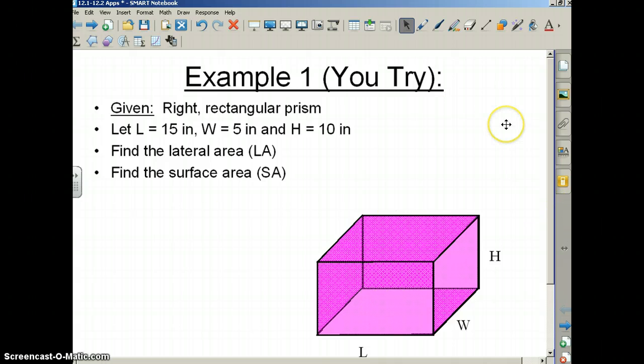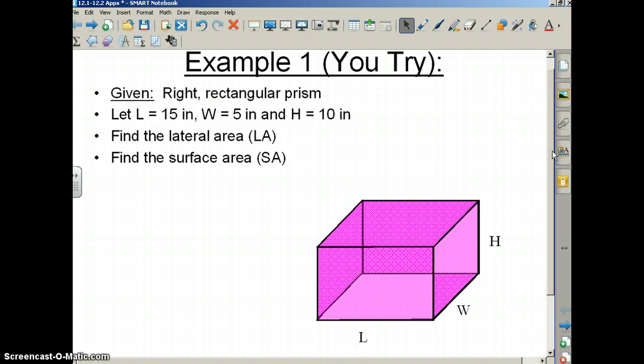The length is 15 inches, the width is 5 inches, and the height is 10 inches. We're going to pick this specific face right here, and count these as our lateral faces. That means that in red, we're going to have these as our bases.